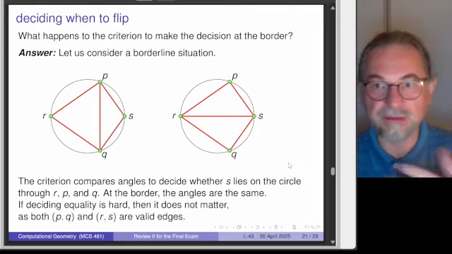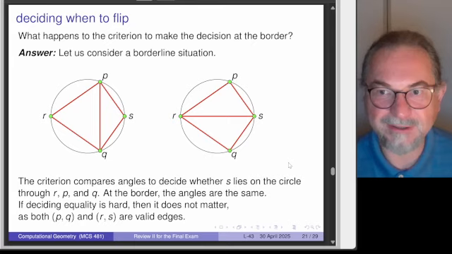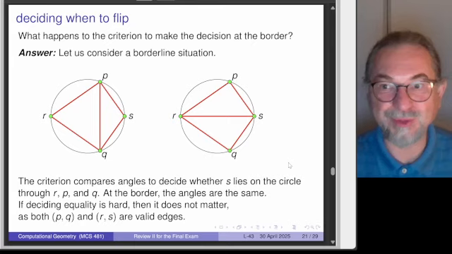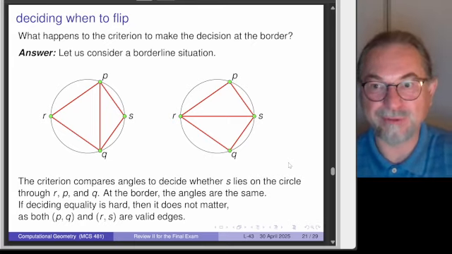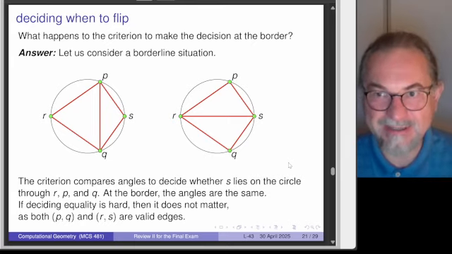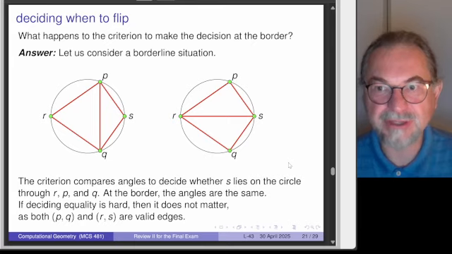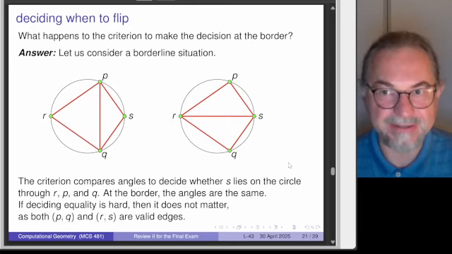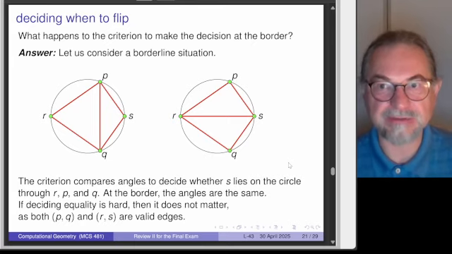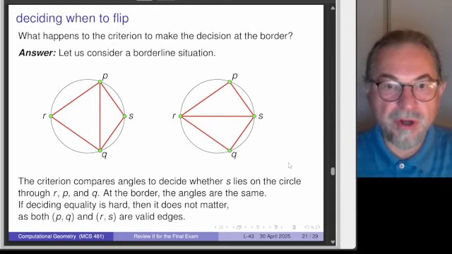But if your algorithm flips a coin, or somehow has a canonical way of deciding, then it will always come up with the same triangulation. However, the Delaunay triangulation, in some sense, does not exist, so there are multiple Delaunay triangulations. That is also something to be aware of.